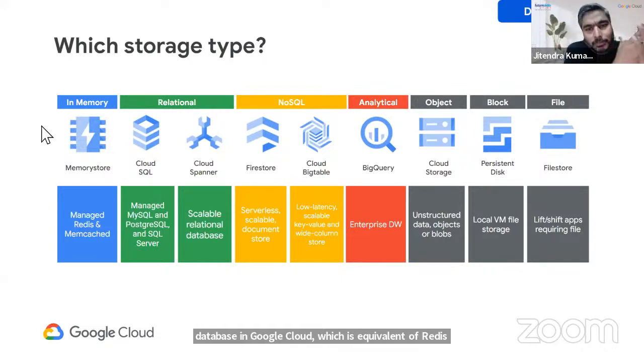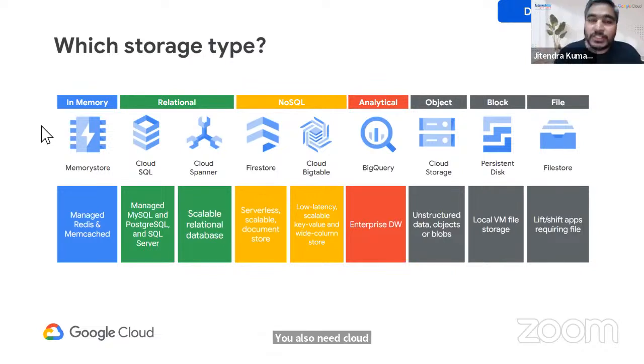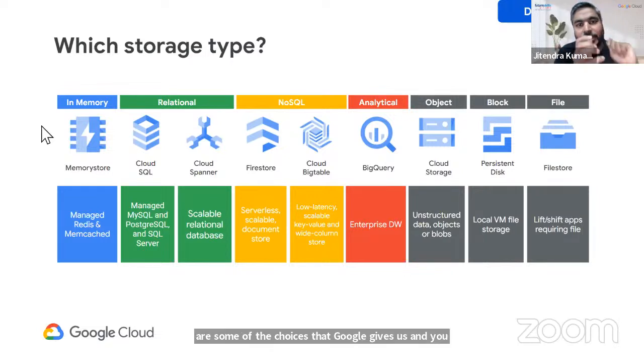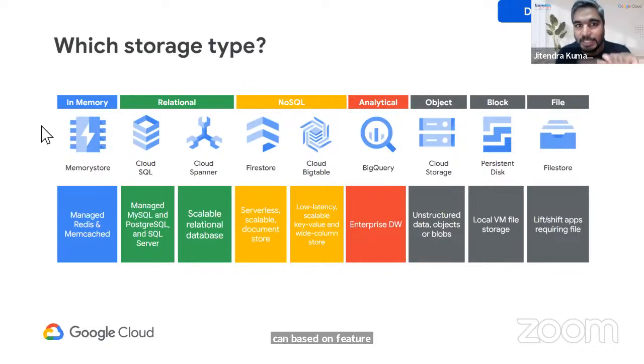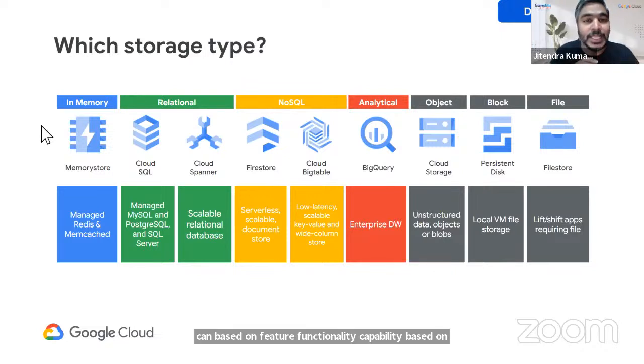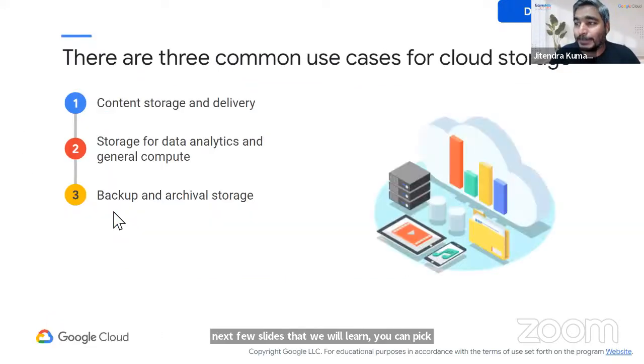So as a solutions architect and as an application developer looking at modern web applications, you also need cloud native database services, and these are some of the choices that Google gives us. Based on feature, functionality and capability, and different characteristics that we will learn in the next few slides, you can pick one or the other.